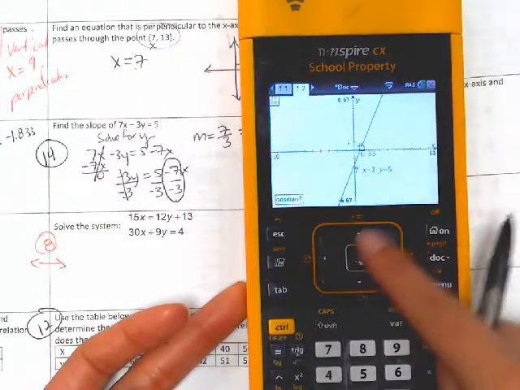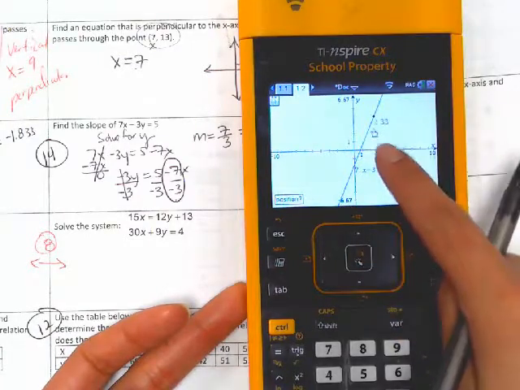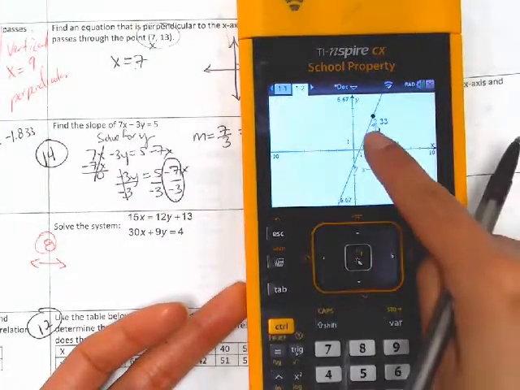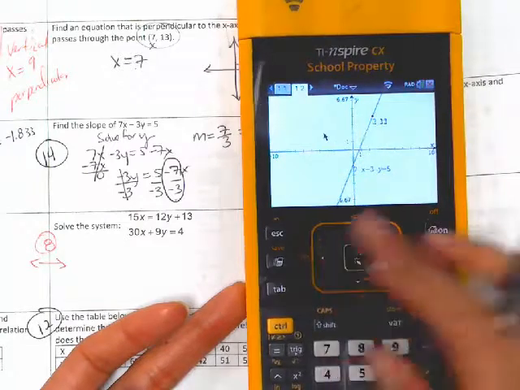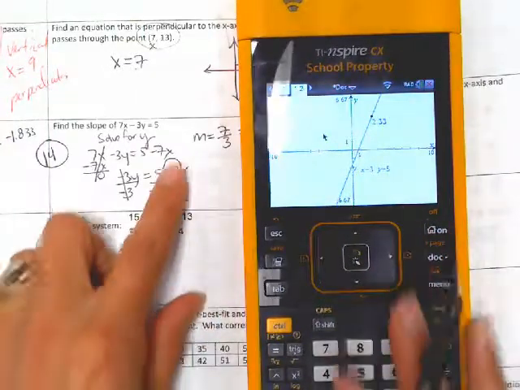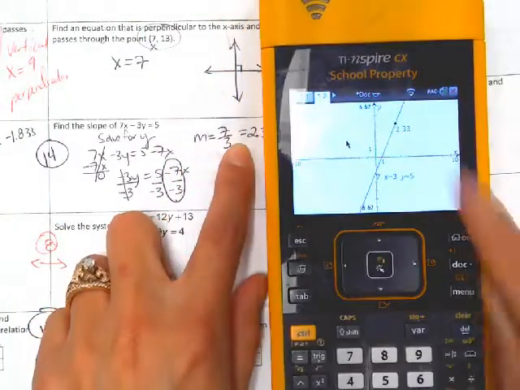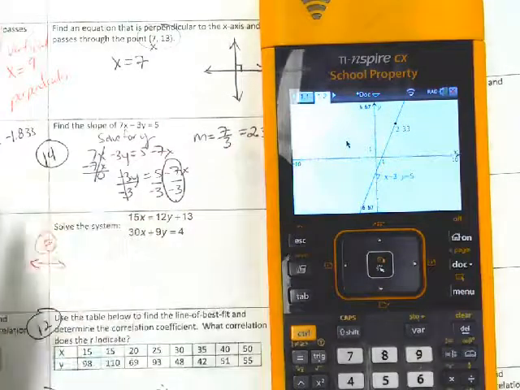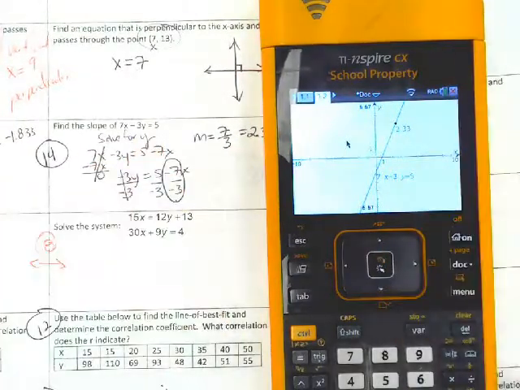So just click on it, and it'll have this floating little dot. Click, and our slope is 2.3. Again, if our answer is in fractions, then you would have to change all of them to decimals to see which one gives you the 2.3. Okay, so two ways of doing it, by hand or in the calculator.